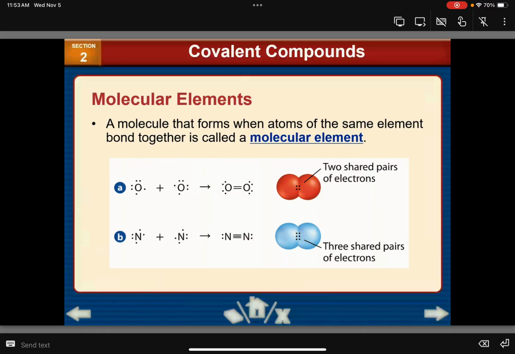Nitrogen, oxygen, fluorine, chlorine, bromine, iodine are all diatomic molecules or a molecular element, meaning two atoms of the same element sharing electrons to become stable.